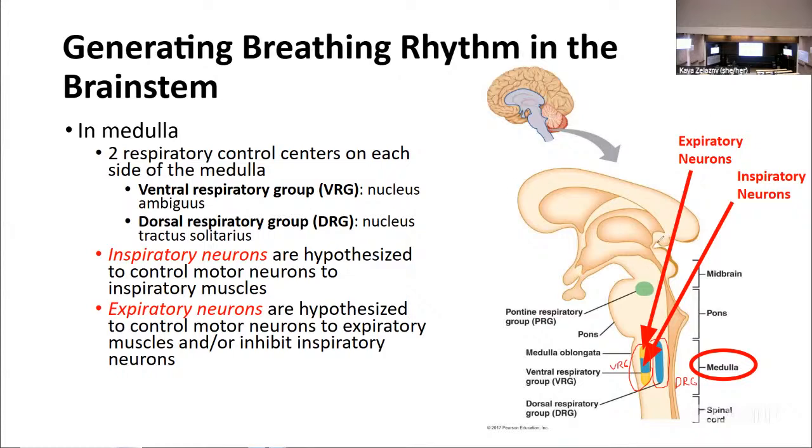But conceptually, what we want to think about is that this ventral group has a mix of both our inspiratory and expiratory neurons. So it's got parts that are controlling breathing in and breathing out. And this dorsal group mainly just has those inspiratory neurons here, right? So we got different types in these different places. And the VRG is really the place you're going to see both.